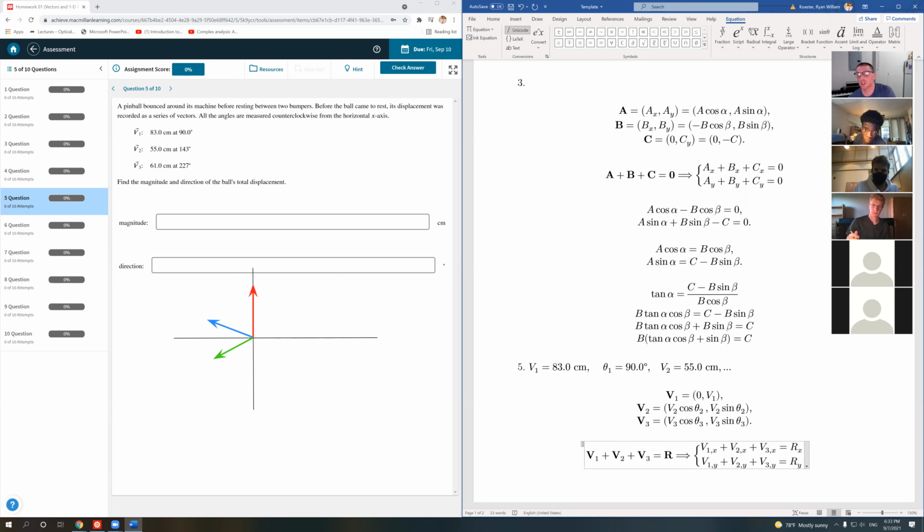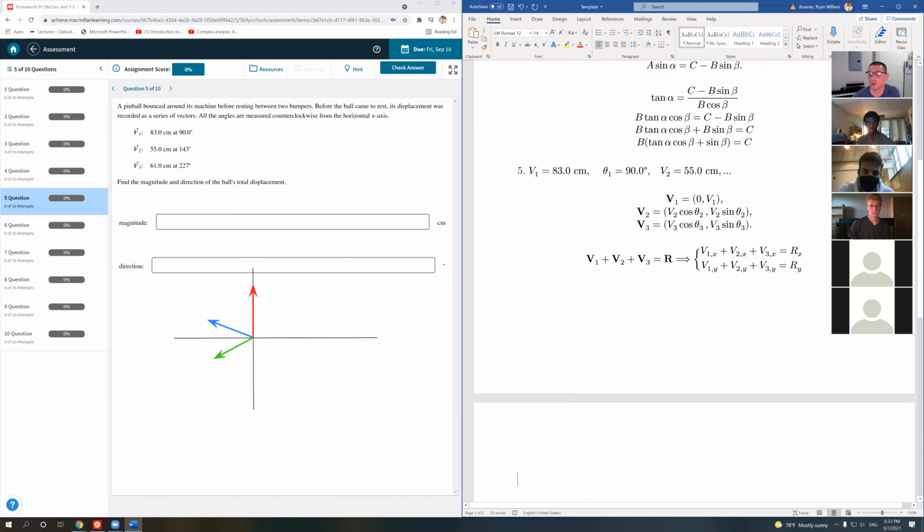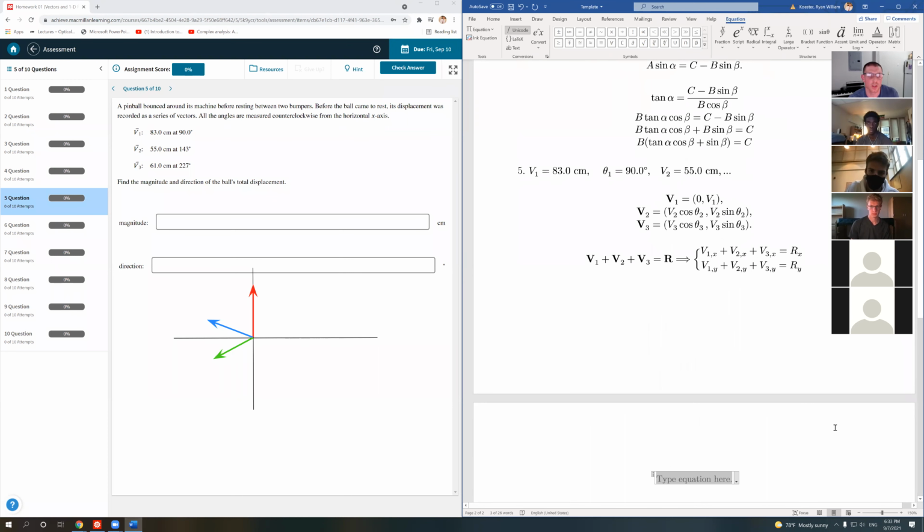And so it's just a matter of crunching the numbers at this point, right? And then what we want to do is remember the Pythagorean theorem, because we're asked to do two things here. We're asked to solve for the magnitude of this resultant, and we're asked to solve for its direction.